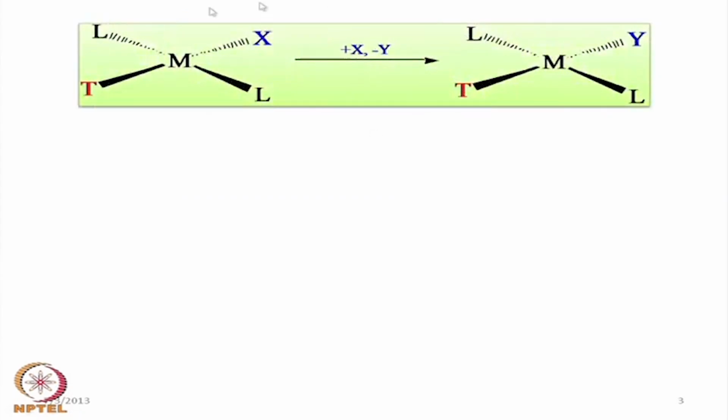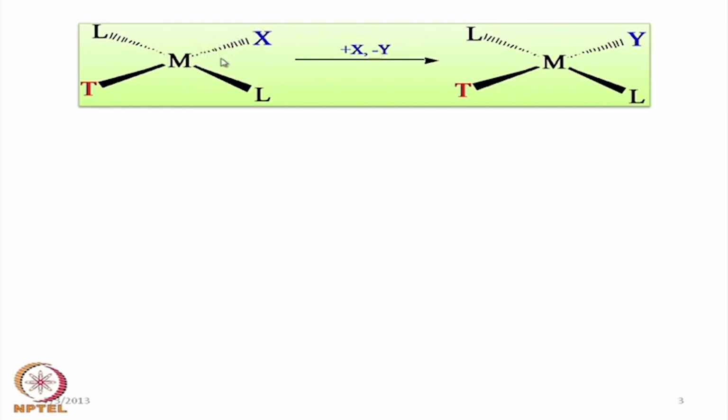So, if we see that this is the trans ligand, and this is minus X and plus Y. So, we are removing X and we are attaching Y. This particular T can show some effect such that the M-X bond is weak and X is departing from the molecule, giving rise to some vacancy at this particular point.